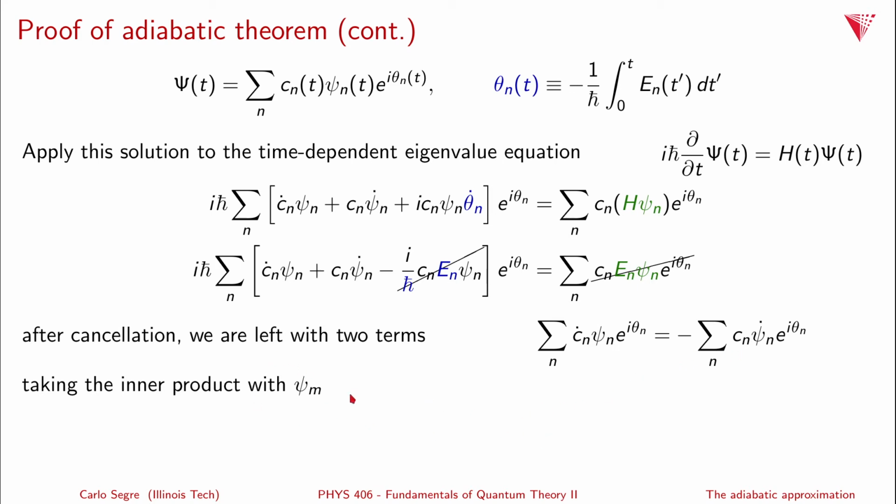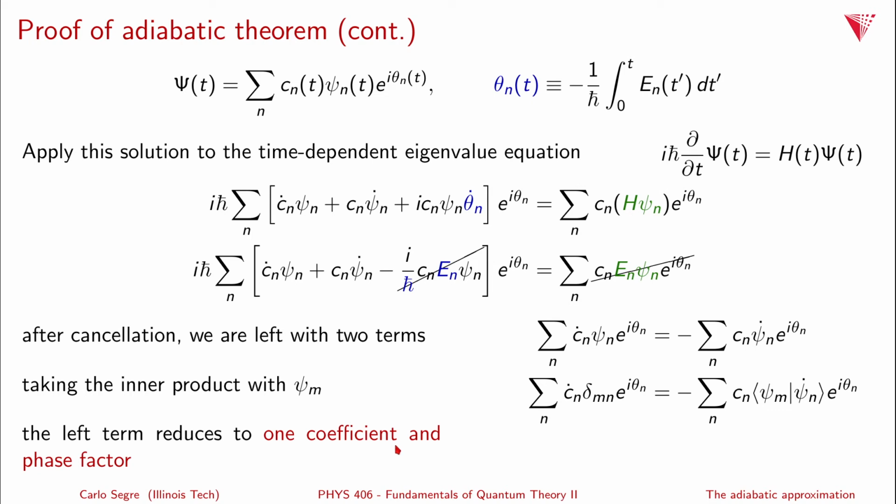Now, if we take this inner product with a different eigenstate, psi sub m of t, that's implied, we get the following. Because of orthonormality, and we're forcing orthonormality on these time-varying functions, you get on the left side the sum over n, c sub n dot delta sub mn e to the i theta sub n is equal to minus the sum over n, c sub n times the inner product of psi sub m and psi sub n dot, so the time derivative of psi sub n, times e to the i theta sub n.